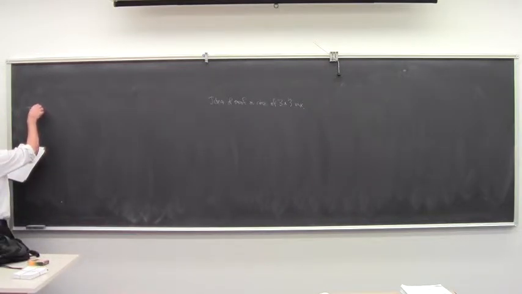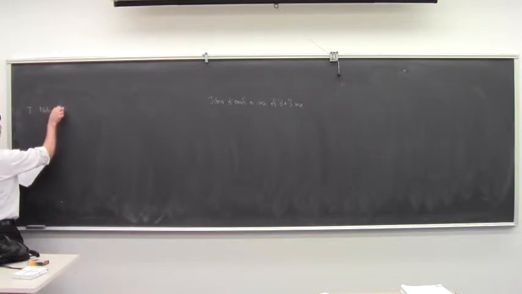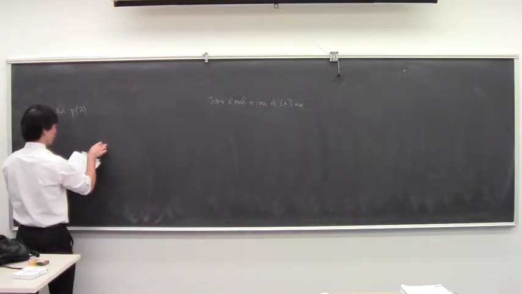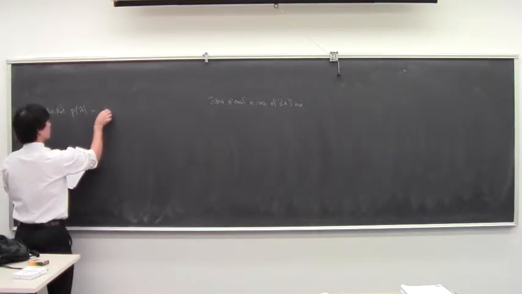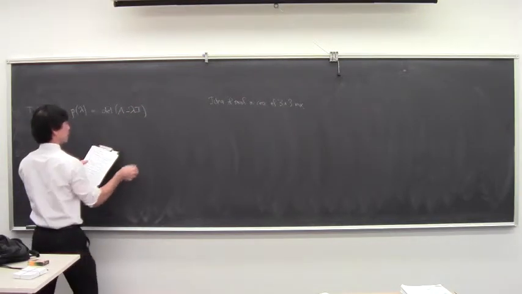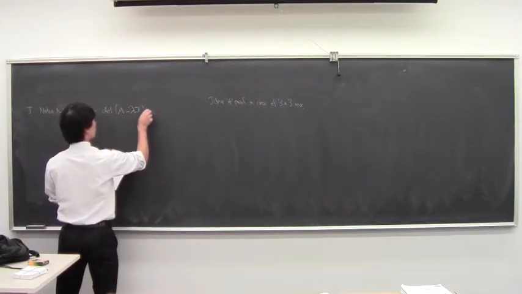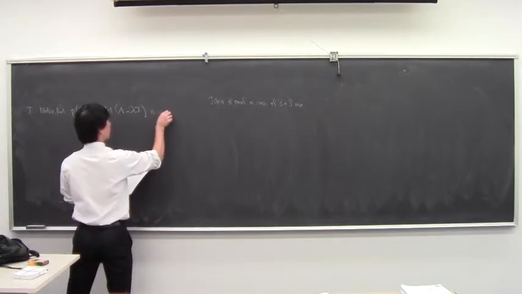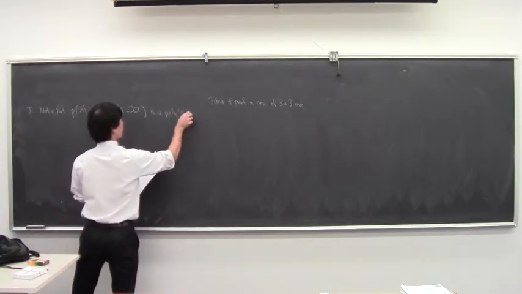First notice that the characteristic polynomial, we know, is the determinant of A minus lambda I, which is a polynomial of degree 3.